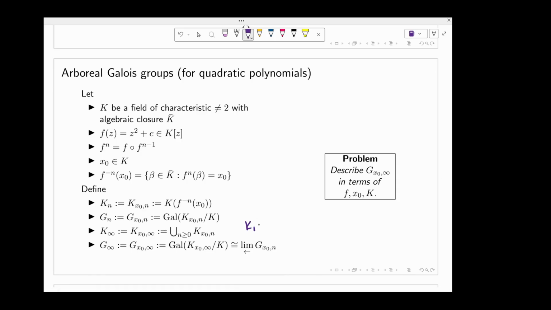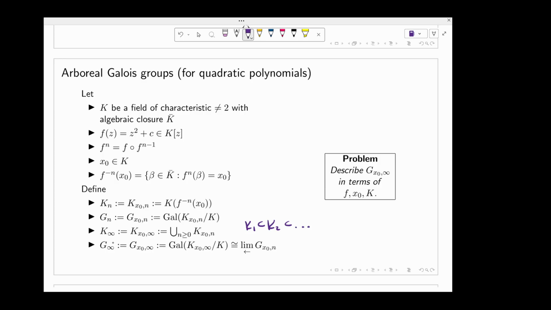I'll have K1 contained in K2 and so on. And so if I just take the union of all of these fields, I'll still get a field, and it will also be Galois over the base field. And so I can consider the Galois group, or group of automorphisms, of this infinite extension of K.